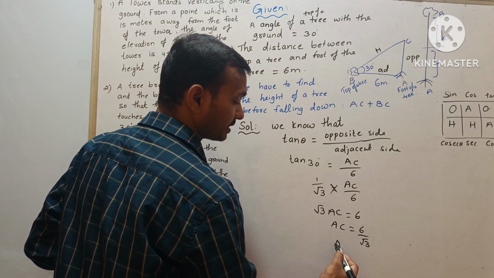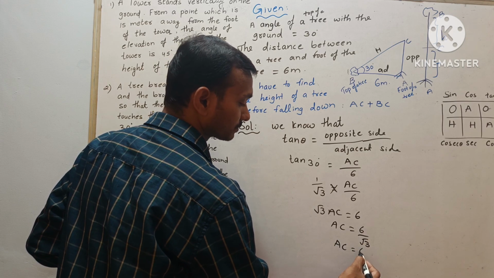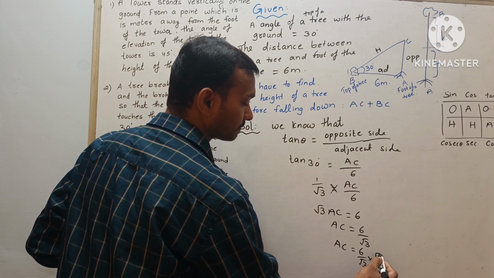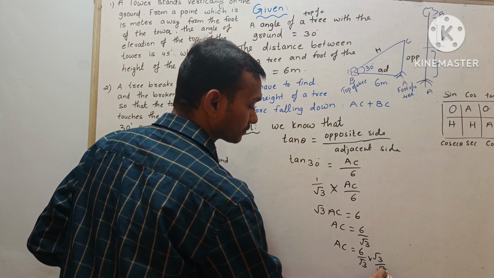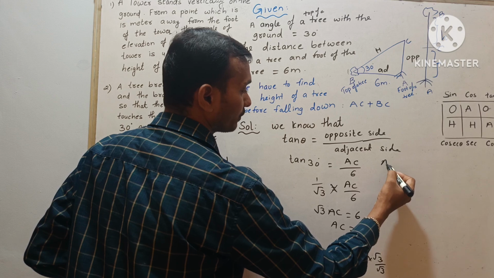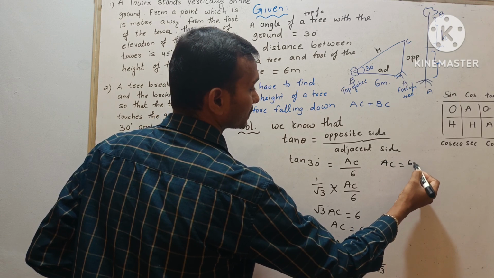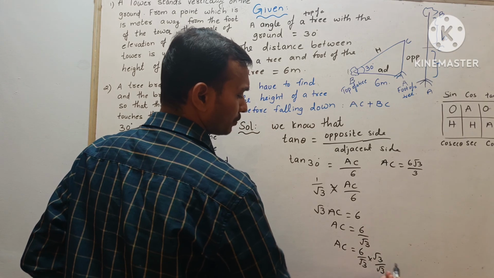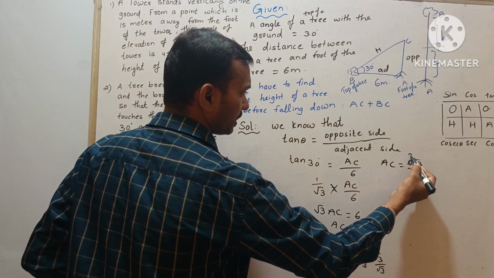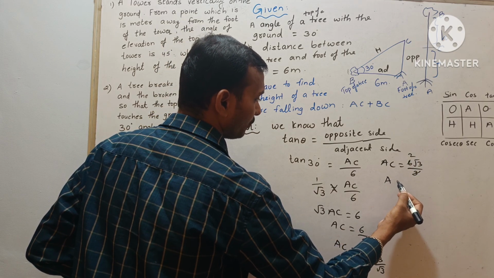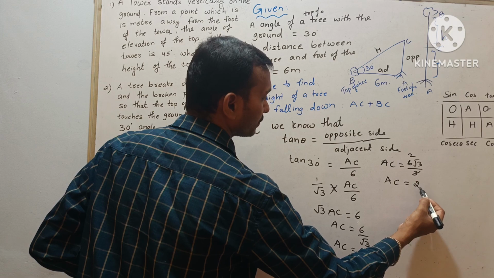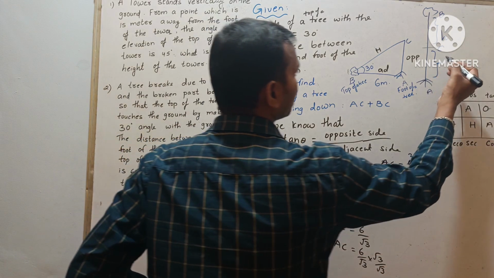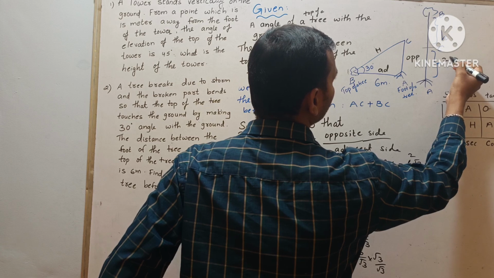If you rationalize the denominator, multiply and divide with root 3, you will get 6 root 3 by 3. Root 3 into root 3 becomes 3, 3 ones are 3, 3 twos are 6. So the AC value we are getting is 2 times root 3. This is the value of AC.